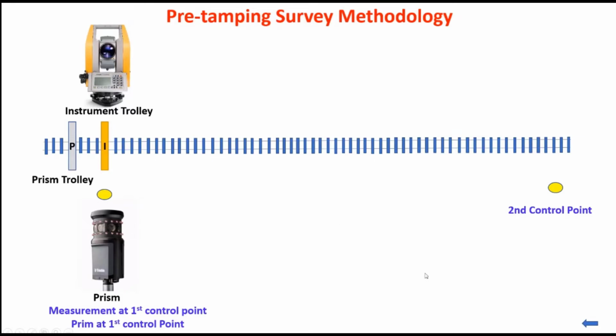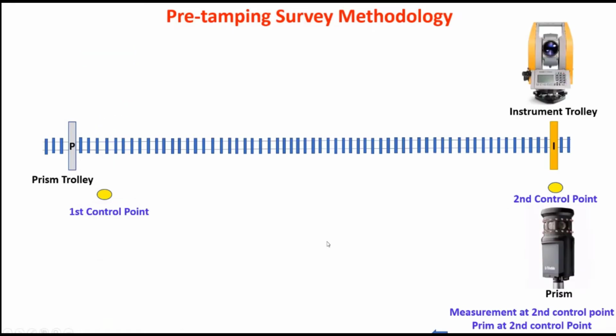After this, the instrument trolley is moved to the second control point. The trolley is moved to the second control point, positioned opposite the second control point and fixed. It is fixed opposite to the control point. Now again the total station is sighting the prism at the second control point, and this is the known reference point.